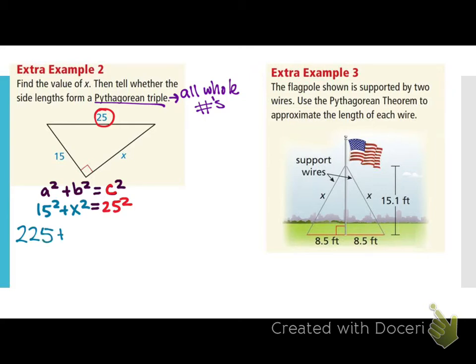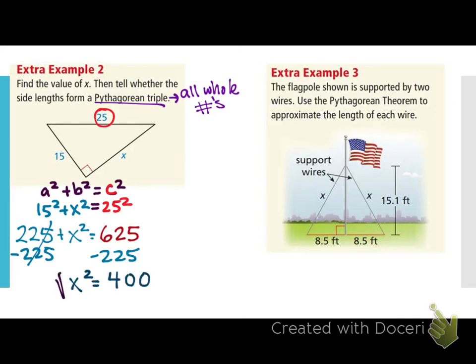You're going to see that number a lot, just in general. And then 25 squared is 625. So you subtract 225 to get x squared by itself. So x squared equals 400.